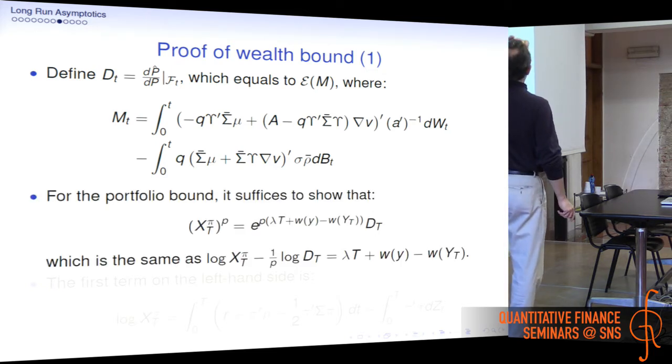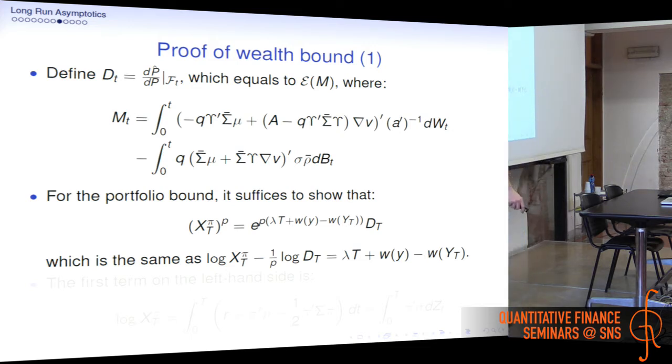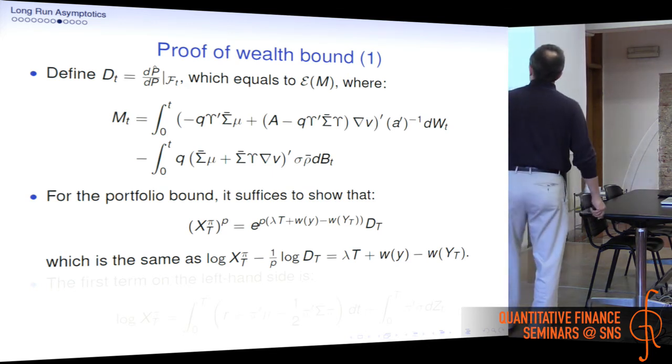So to check that the bound is true, all we have to do is to check that x to this power is equal to the exponential of lambda t plus w of the initial value of y, minus w of yt, times dp hat over dp, which I'm calling here big dt, okay? If I prove this, then I can pass to the expectation and I get exactly the finite horizon bound.